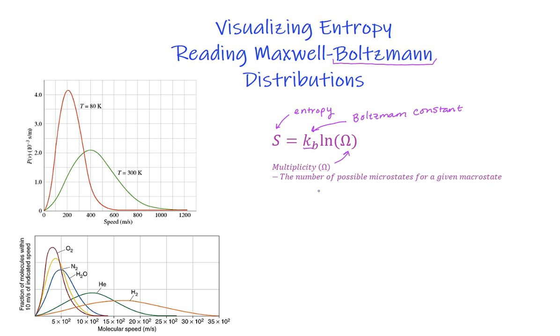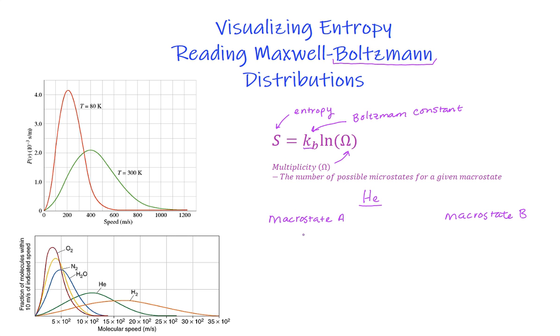So let's say I have two different macrostates for the same gas. I'm going to talk about helium here. So we'll say we have helium at what I'm going to define as macrostate A, and helium at macrostate B. Now, macrostate A and macrostate B are defined by various variables like pressure, volume, temperature, internal energy, and of course entropy.